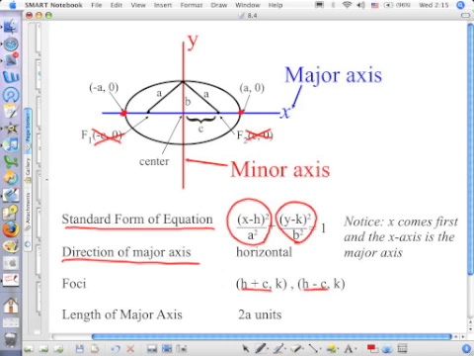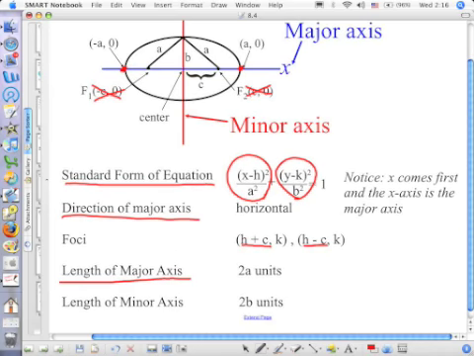Now we already said this earlier. The length of the major axis. If a is the distance from here to here, then what's this whole thing? 2 times a. Right?